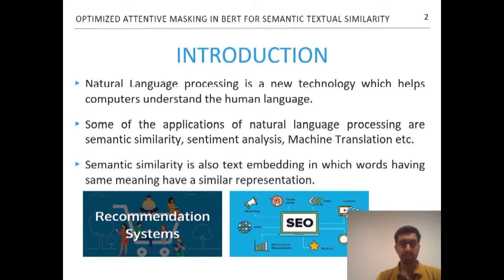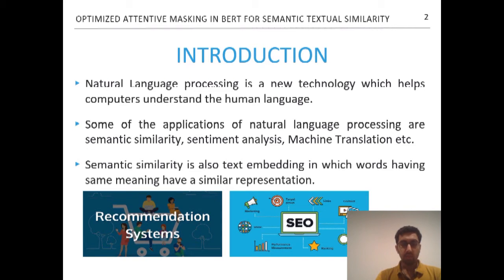For instance, if we search a word on a particular trend on Twitter or Instagram with a hashtag, we get a number of links and different posts related to that particular trend or word being searched. Semantic similarity is also text embedding, in which words that have similar meaning have a similar representation.